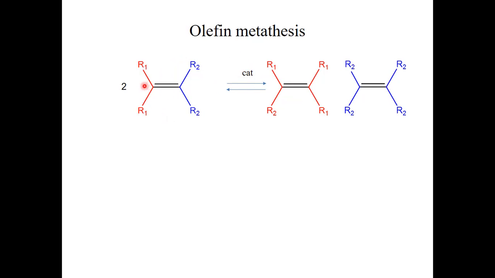So in this case, you see on the left side here, this olefin has this red part and the blue part. So we formally cleave that molecule in the middle, and then we connect two red parts together, forming this molecule, and two blue units together to form that molecule.